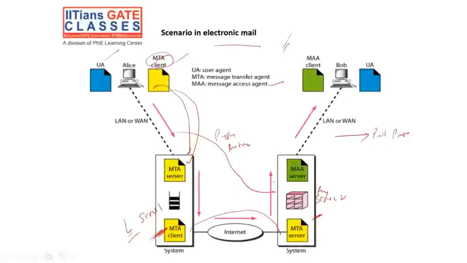So this is SMTP, but here this is IMAP or POP3, right? Which terminology are we using? There is the MAA server, the message access agent, and the message access client, for the pull protocol. But for client to server, we are using MTA. This is just a name, just a simple process.